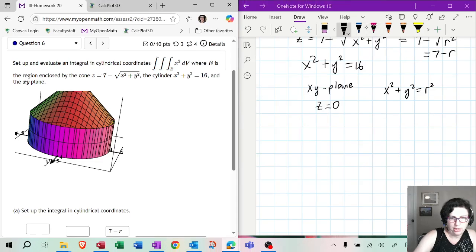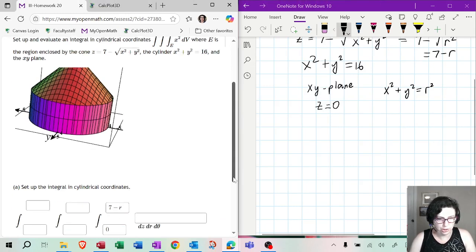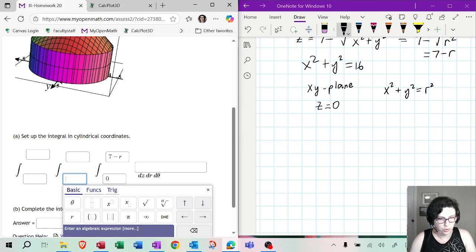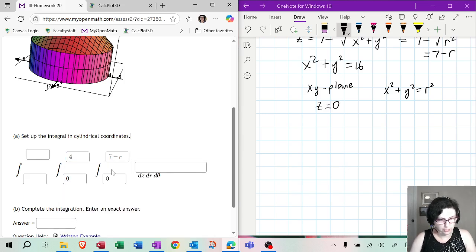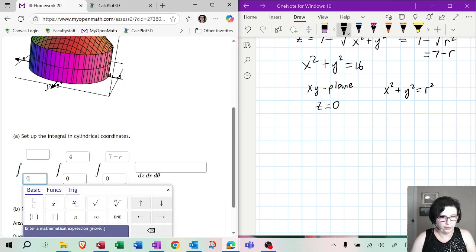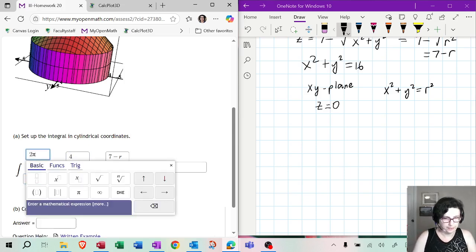That's why the projection of this thing has radius 4. So the limits are r from 0 to 4, and theta all the way from 0 to 2 pi.